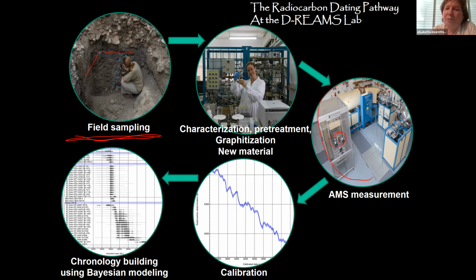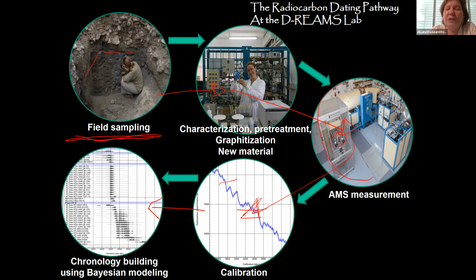So the research with radiocarbon starts in the field. It is in the lab, and then in the accelerator, and then you can go to the calibration curve, and once you know from initial samples whether you are in this period or on a plateau, you have a better idea of how many samples you have to measure, or whether more stratigraphy needs to be studied, and then you can model your chronology.